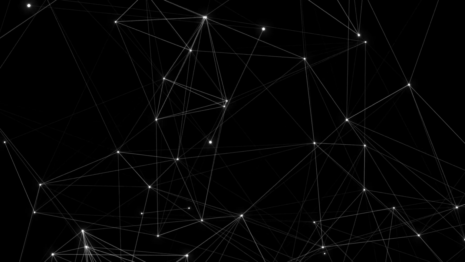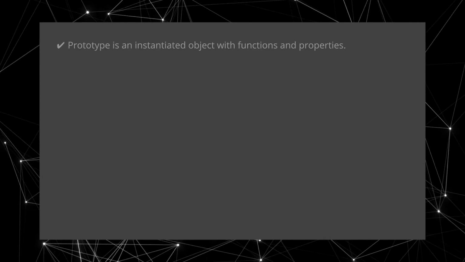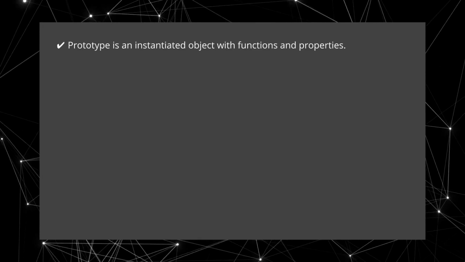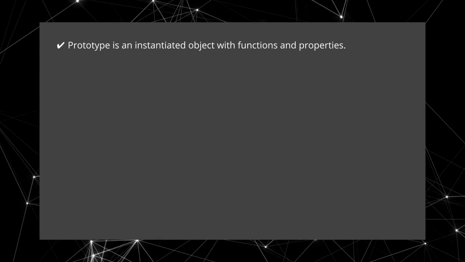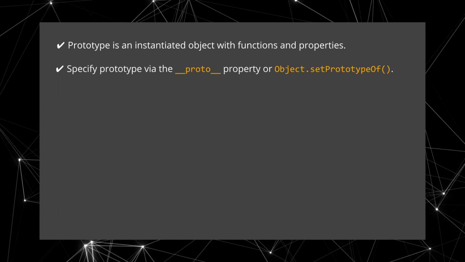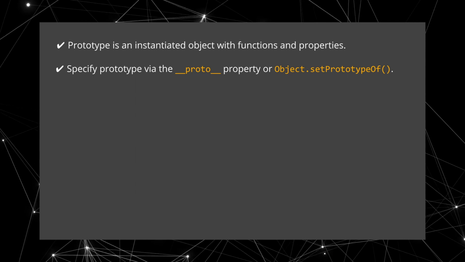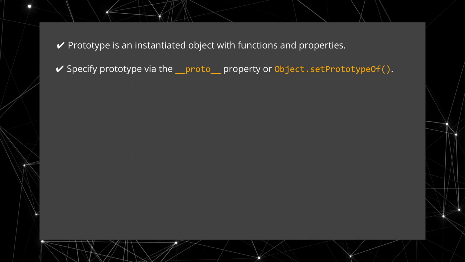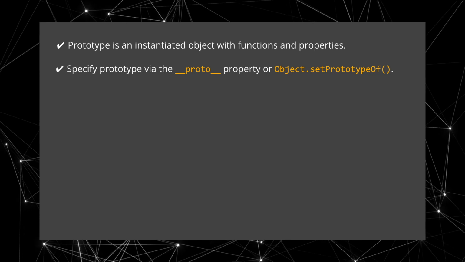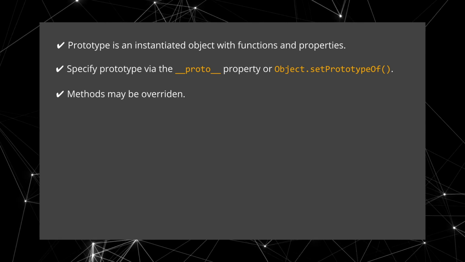Okay, we learned quite a bit about prototypes. Let's summarize what we learned. A prototype is an instantiated object with functions and properties that can be copied over to objects. An object can specify its prototype via the __proto__ property, or the more modern equivalent Object.setPrototypeOf method. We can override a method's implementation from the prototype in a derived object.